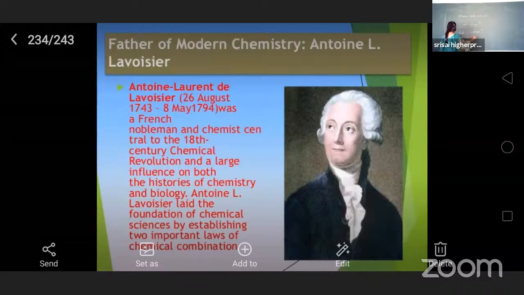Matter is made up of small particles. See, what is an atom? Matter is made up of small particles called atoms. So the small particles of matter we say are atoms.